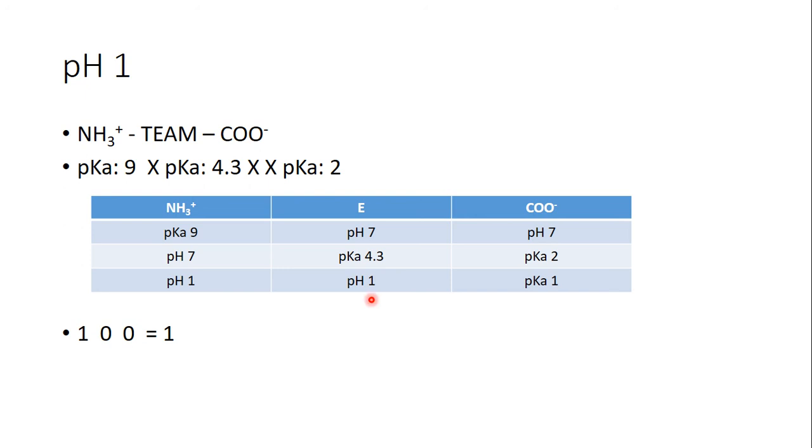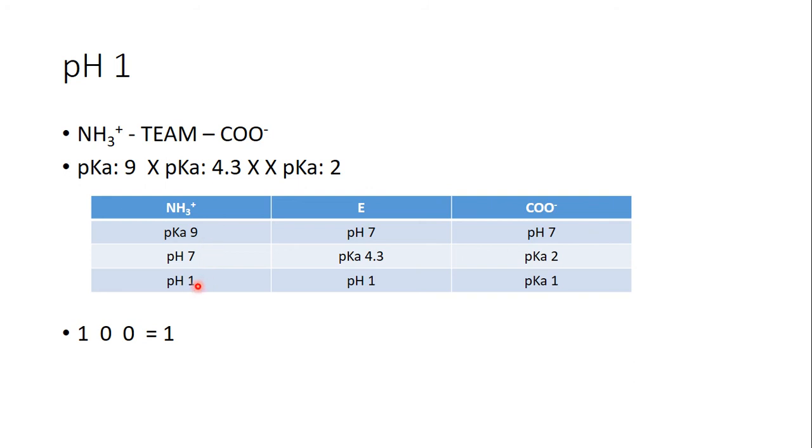Another way I remember that is that low pHs mean there's a lot of protons in solution. So here I'm picking up a proton if my pH is below the pKa. But I can only do that if going from 7 to 1 I went below the pKa. NH3 I could not do that.